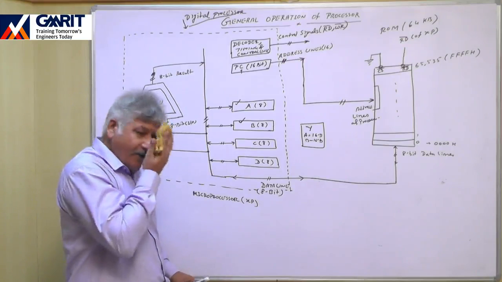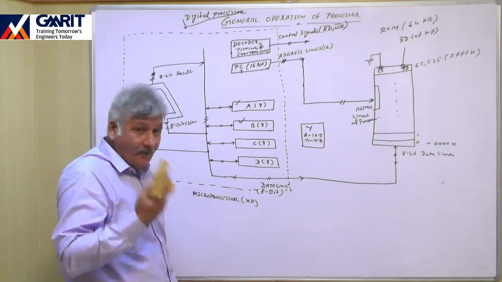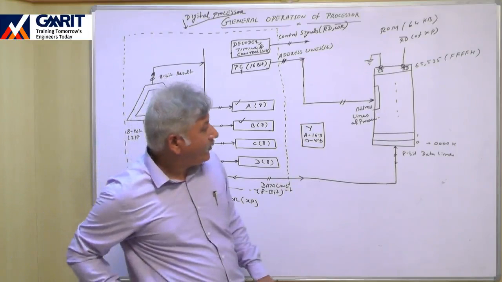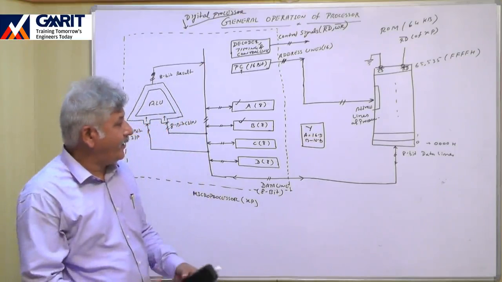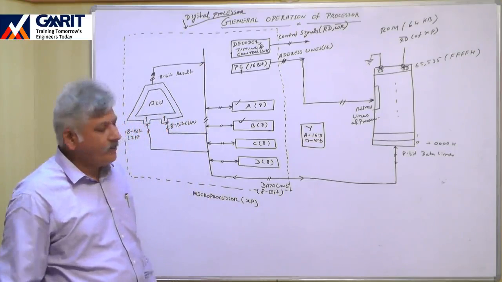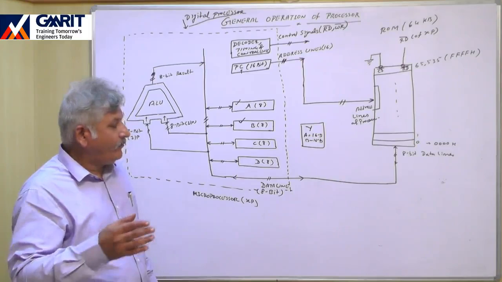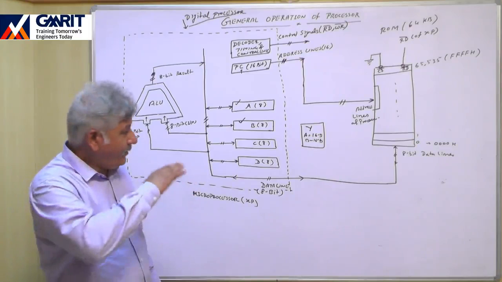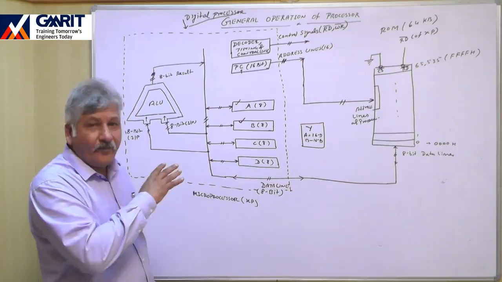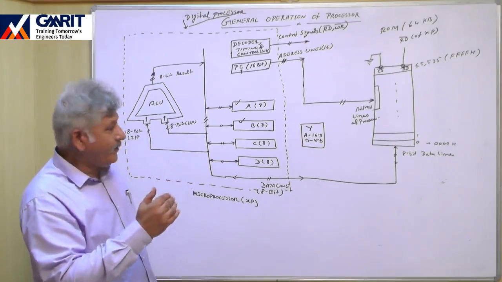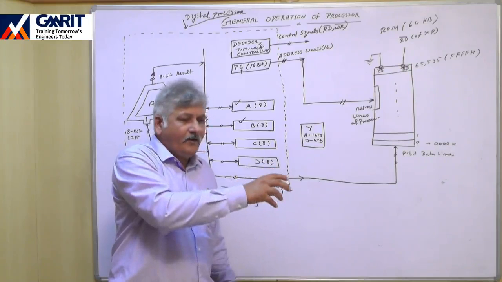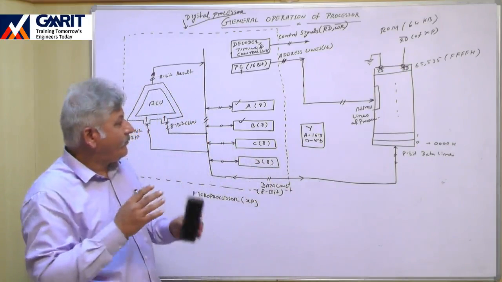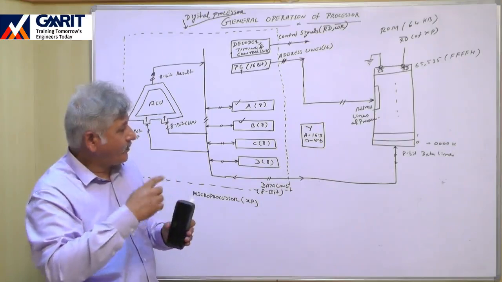In assembly language, we write mnemonics, and with the help of mnemonics, programmers write a program. After that, there is the high level language. In the high level language, we write statements which are not dependent upon the architecture of a processor, but we have to use a compiler. That compiler will convert that particular program in C into that specific processor's machine language.